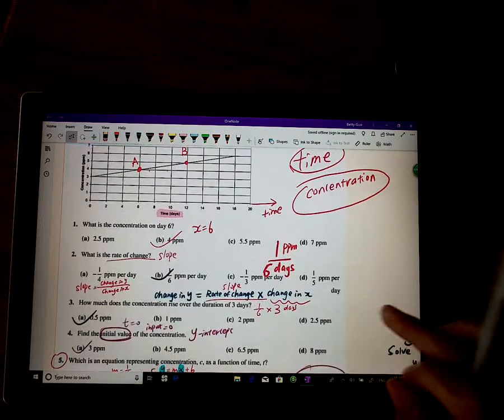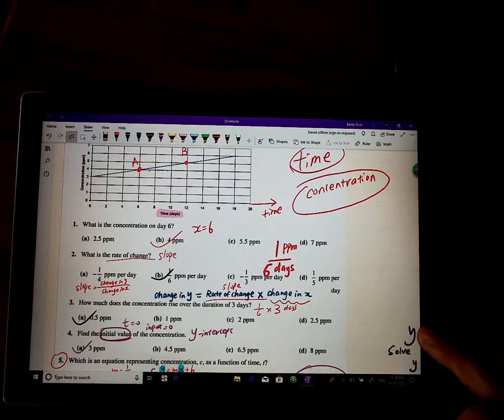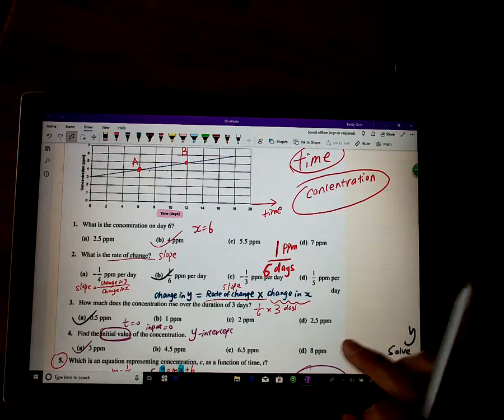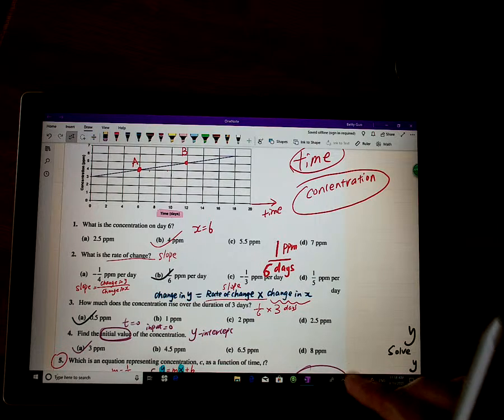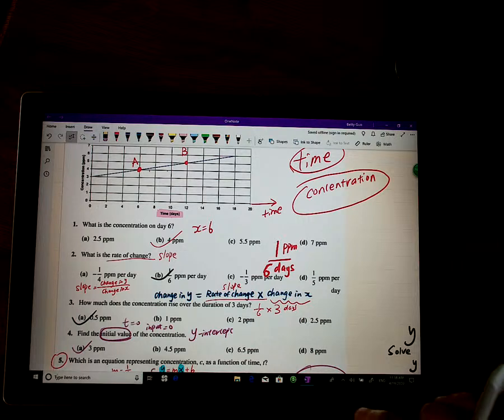Number 3, how much does the concentration rise over the duration of 3 days? Think about it: if the rise in 6 days is 1 unit, then in 3 days we're going to have half ppm, right?